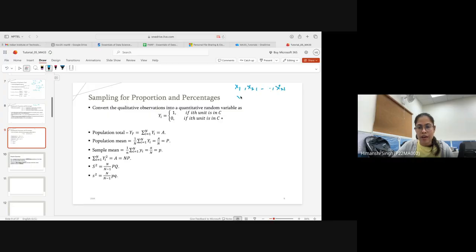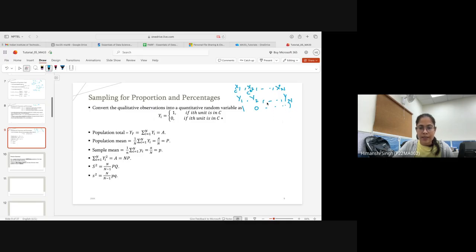Now I have y1, y2, yn, where yi is 1 if the ith unit is in C. So for example, if x1 is in C and x2 is in C star, then y1 will be 1 and y2 will be 0. So now I have this sample which consists of the entries 1 or 0.